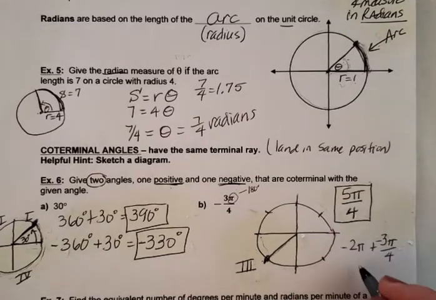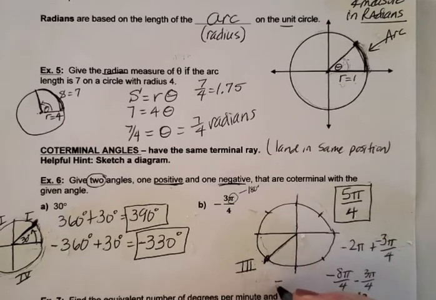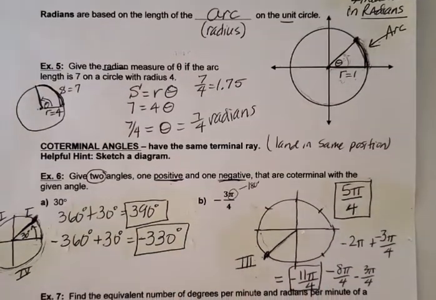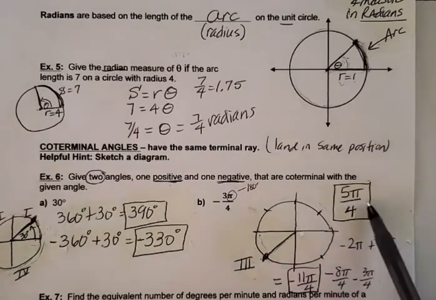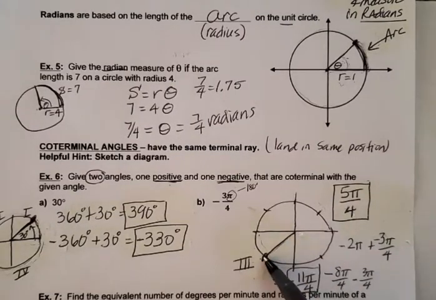So that will give me negative 8/4 of pi plus negative 3/4 of pi, negative 8 pi over 4 minus 3 pi over 4, and that will give me negative 11 pi over 4 in radians. So those two angle measures are coterminal with a negative 3 pi over 4 rotation.